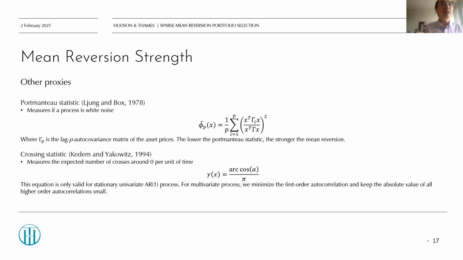The first one is the portmanteau statistic, which measures if a process is white noise. There is also the crossing statistic, which measures the expected number of crosses around 0 per unit of time. In the later section, in the semi-definite convex relaxation part, I will show you how to optimize these two statistics as well under the convex relaxation framework.